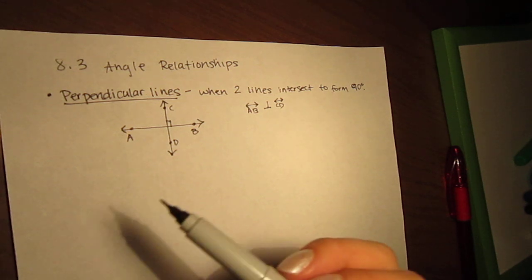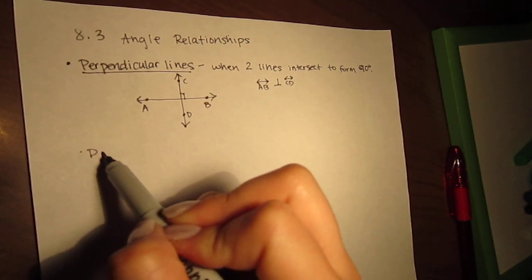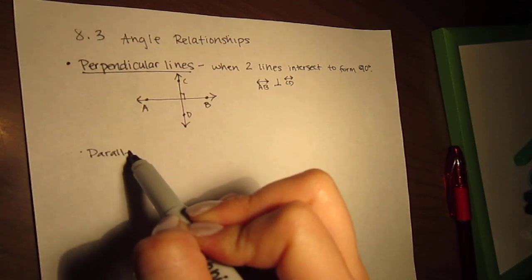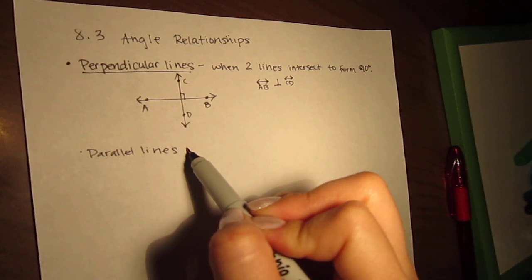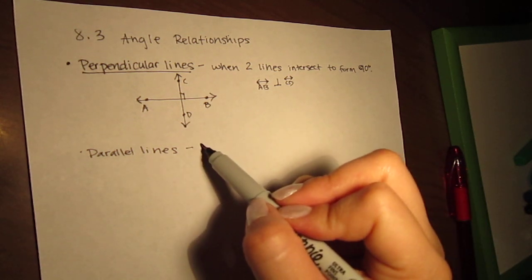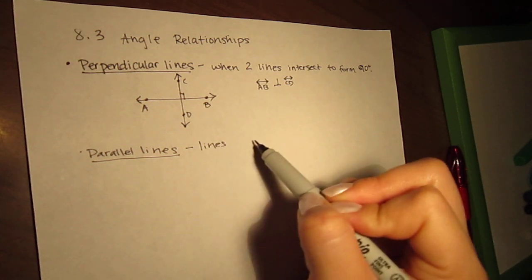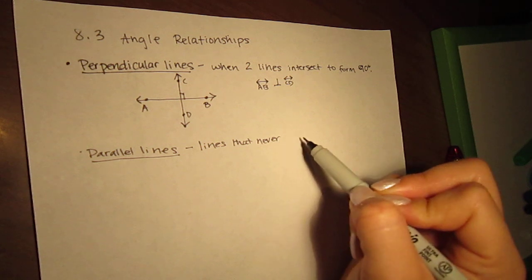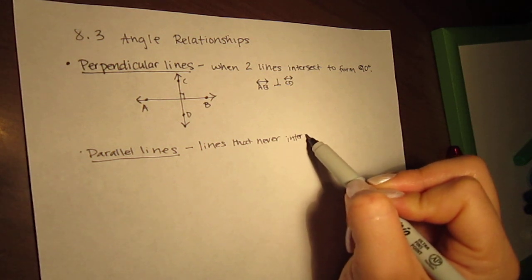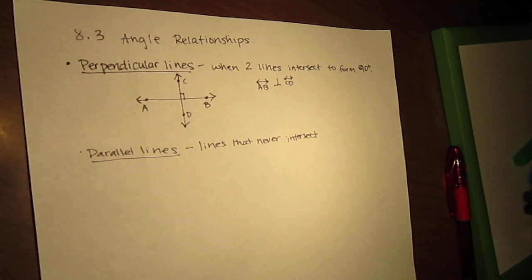The next set of lines is called parallel lines. Parallel lines are lines that never intersect.